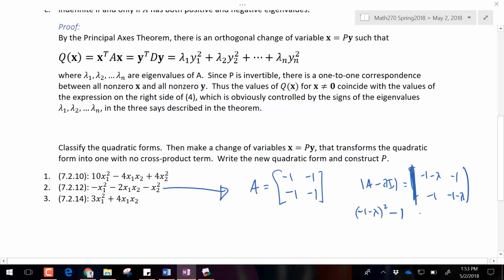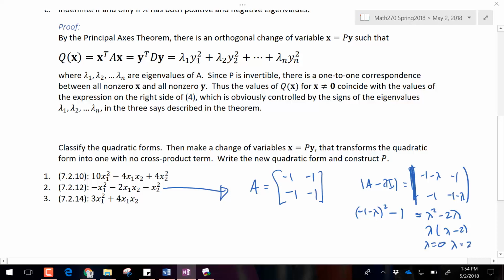So what is this? Lambda squared minus 2 lambda, right? And then there's a +1, and then there's a -1 outside, so that went away. So lambda and then lambda minus 2. So lambda is equal to 0, lambda is equal to 2.